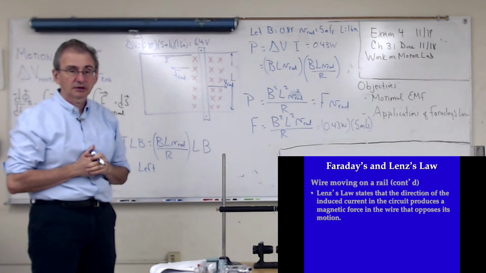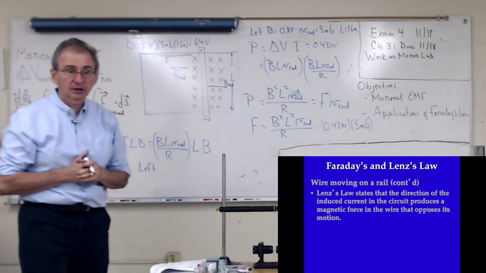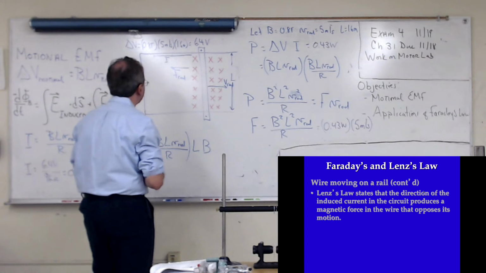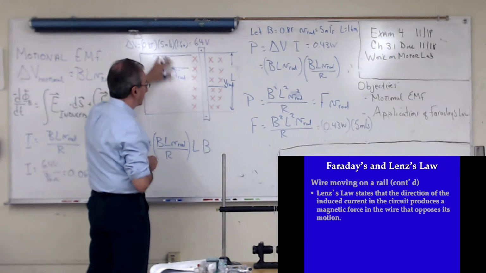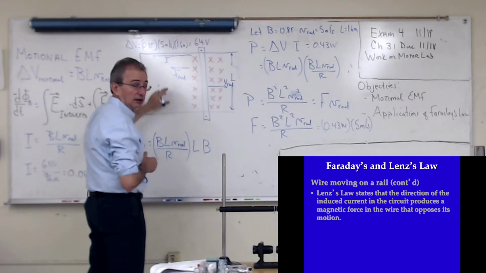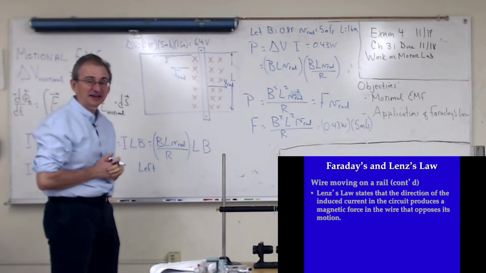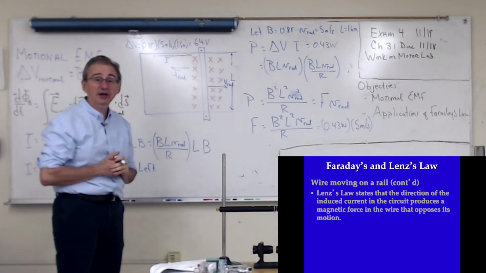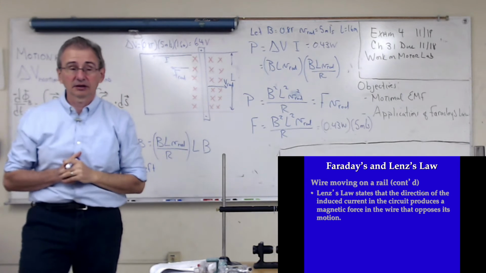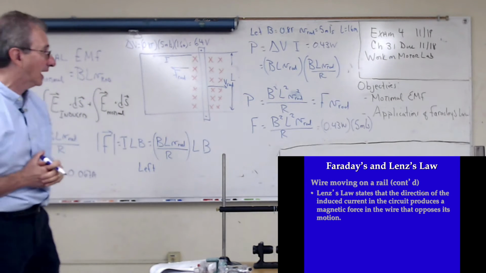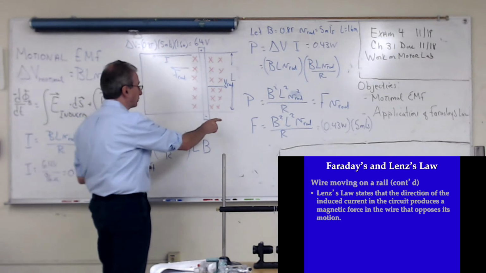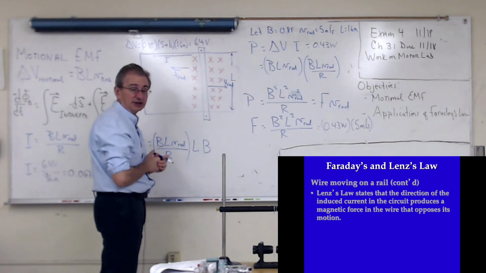It depends on where we measure it, right? Well, let's say I'm talking about inside the circuit. It'll be out of the plane, right? As the rod moves to the right, is the flux increasing?